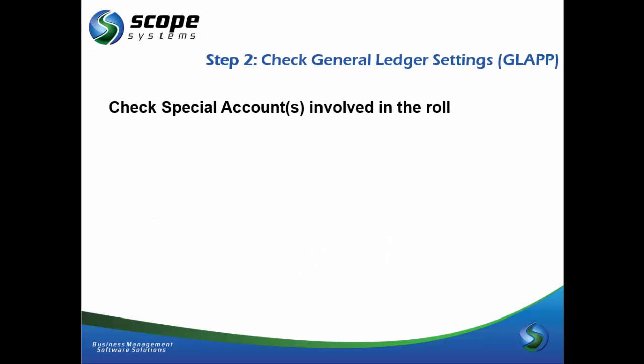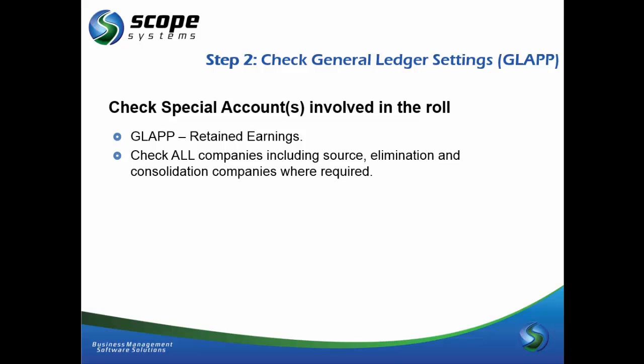In terms of step 2, checking the GL settings. The most important setting would be the GLAPPI account. The GLAPPI account is linked to retained earnings, and this needs to be mapped prior to rollover. Check all companies, including source, elimination, and consolidation companies where required.